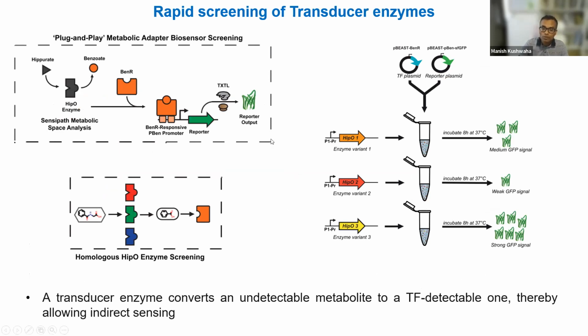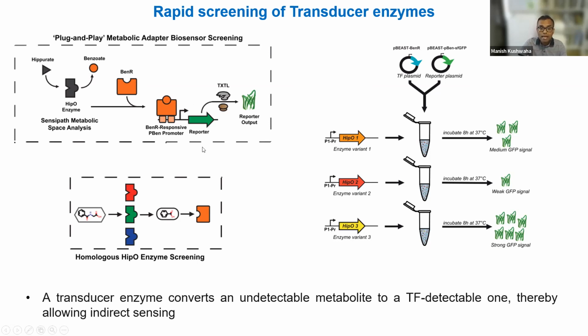And what we use is something that we call a sensing-enabling metabolic pathway, which is essentially a way of converting a molecule that you cannot sense, in this case hippurate, directly, into a molecule that you can sense, benzoate. And you do this using an enzyme that we call a transducer enzyme because it transduces one kind of signal to another. And now you have a transcription factor, BenR, that can sense benzoate. Therefore, indirectly, you can sense the amount of hippurate in the system.